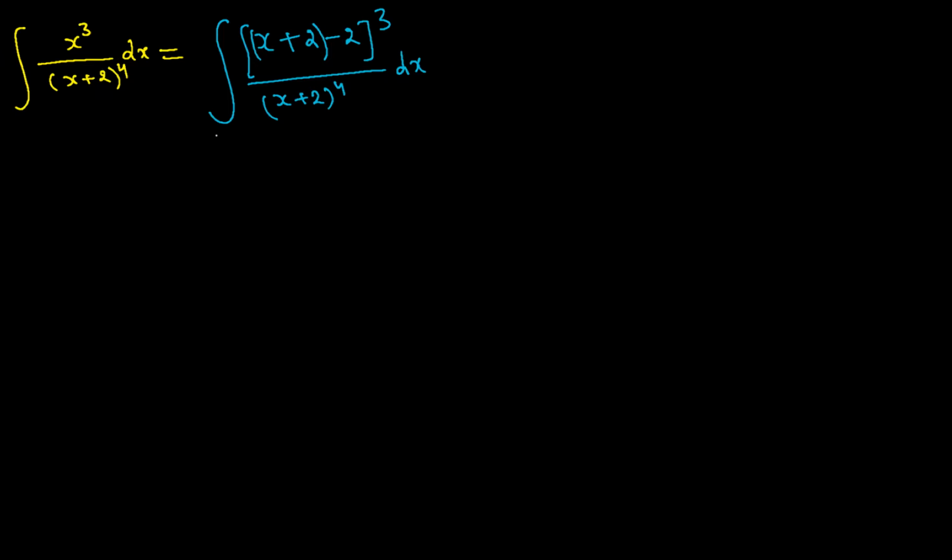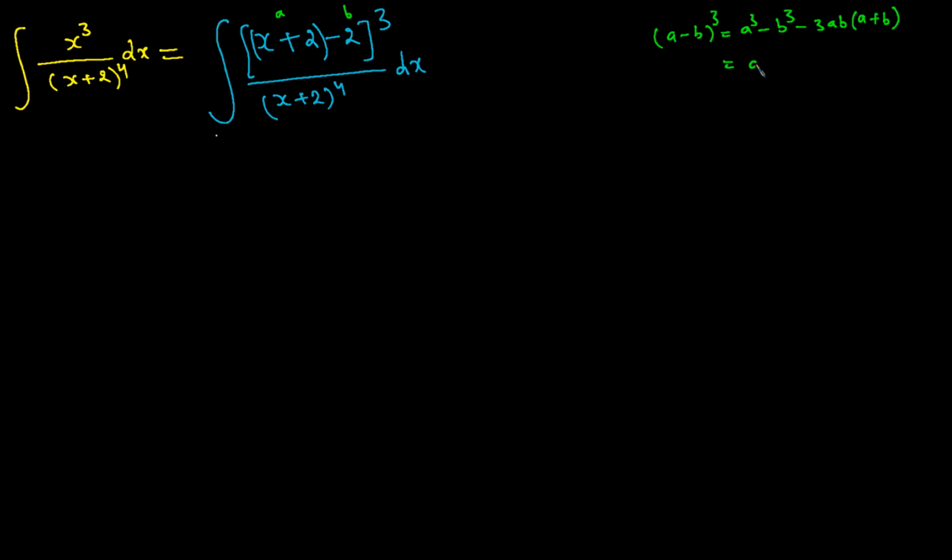Now we're gonna use the formula, and the formula is (a minus b) cubed. This is my a and this is my b. So x plus 2 is my a and 2 is my b, and the formula says (a minus b) cubed is equal to a cubed minus b cubed minus 3ab times (a minus b).